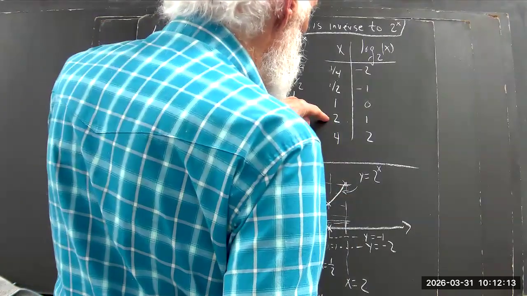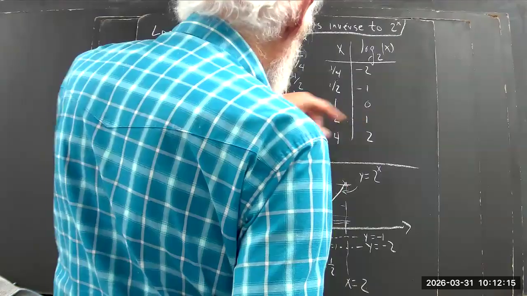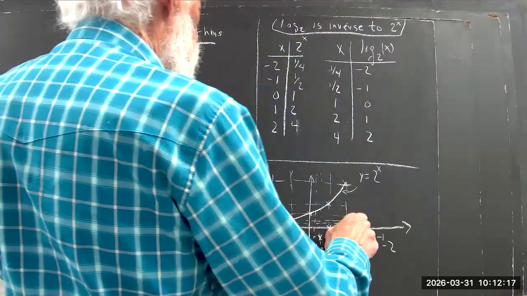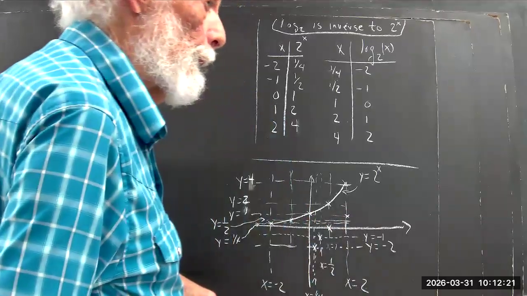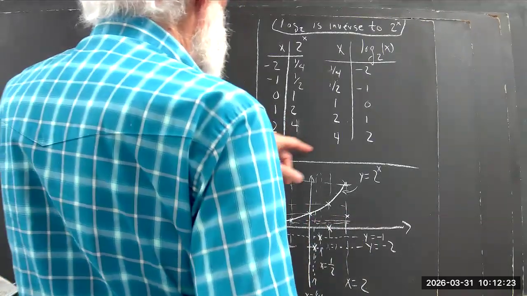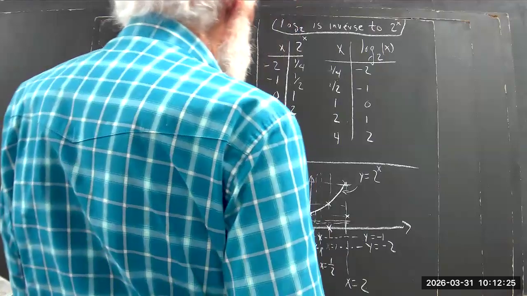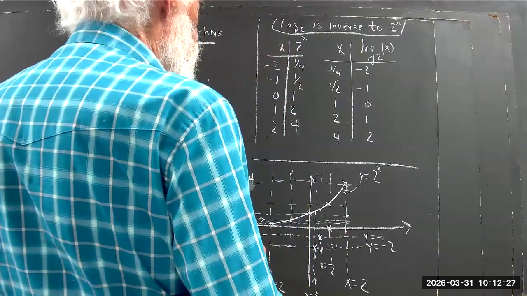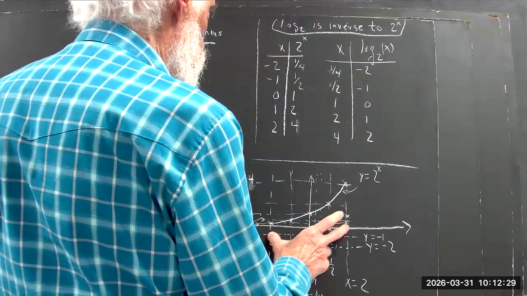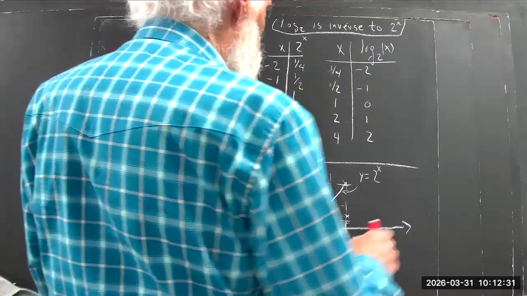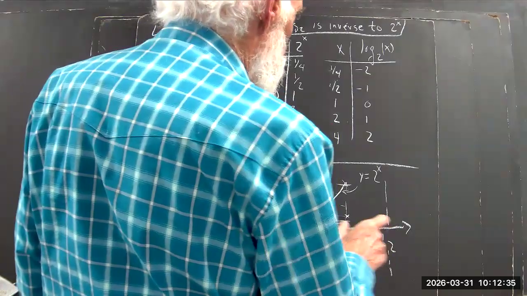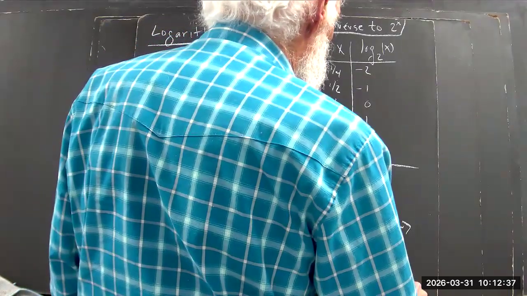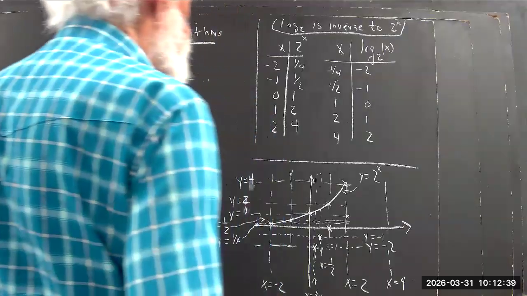Then the x equals 2 line intersects the y equals 1 line, so we have a point here. And then we've got to have x equals 4, y equals 2. Where's x equals 4? Well, from here to here is 4 units, so we go from the origin 4 units, out to about here. Or we could say here's 2 and 2 more, which gives us x equals 4.